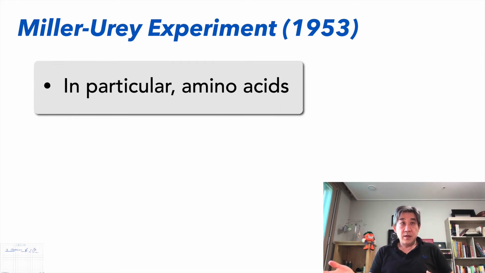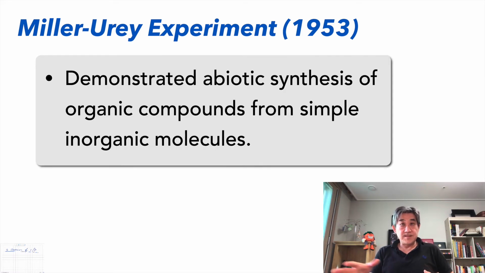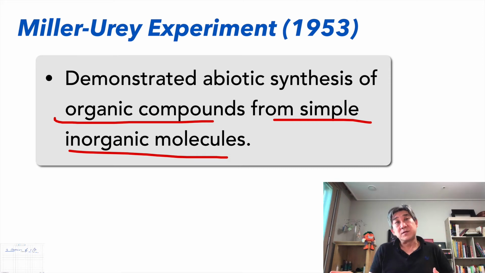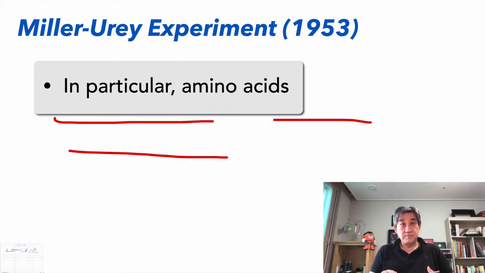Here Miller himself, as a graduate student pursuing a PhD degree, independently designed this experimental apparatus to demonstrate that spontaneous synthesis of organic compounds, organic monomers, starting from simple inorganic molecules, is actually possible, and he did succeed.